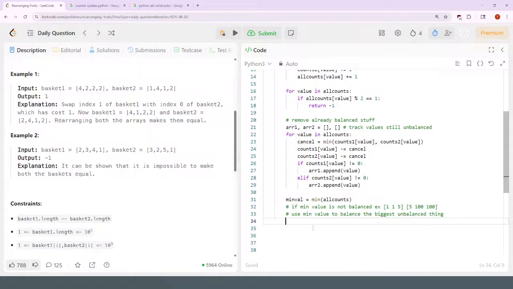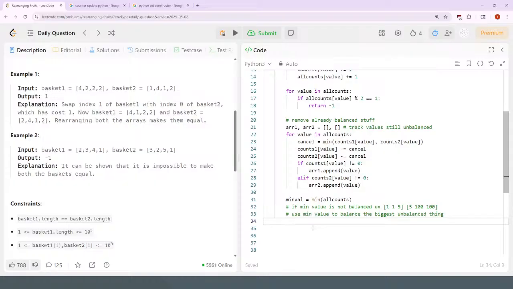I think I can find the maximum thing that's on the other side, and remove 2 of it.